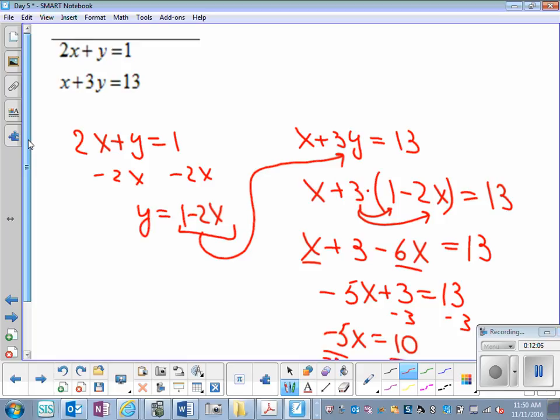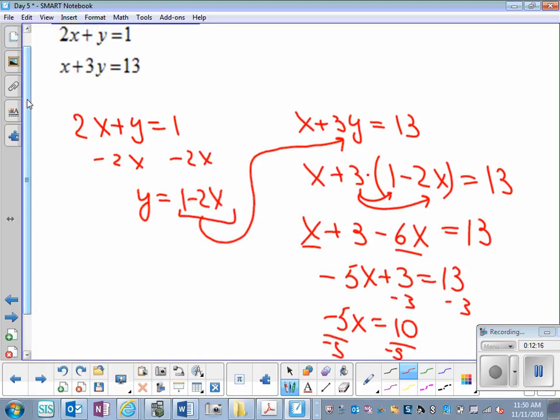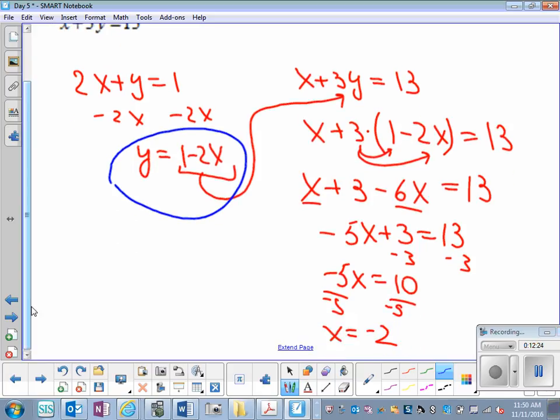No, 2 minutes. Give me 2 minutes. 1 minute. So now I can use the solution for x, plug it into one of the original equations and solve for y, or I can just use this, right? See, I have y in terms of x already. So if I just take my x and put it here, I have my y, right?